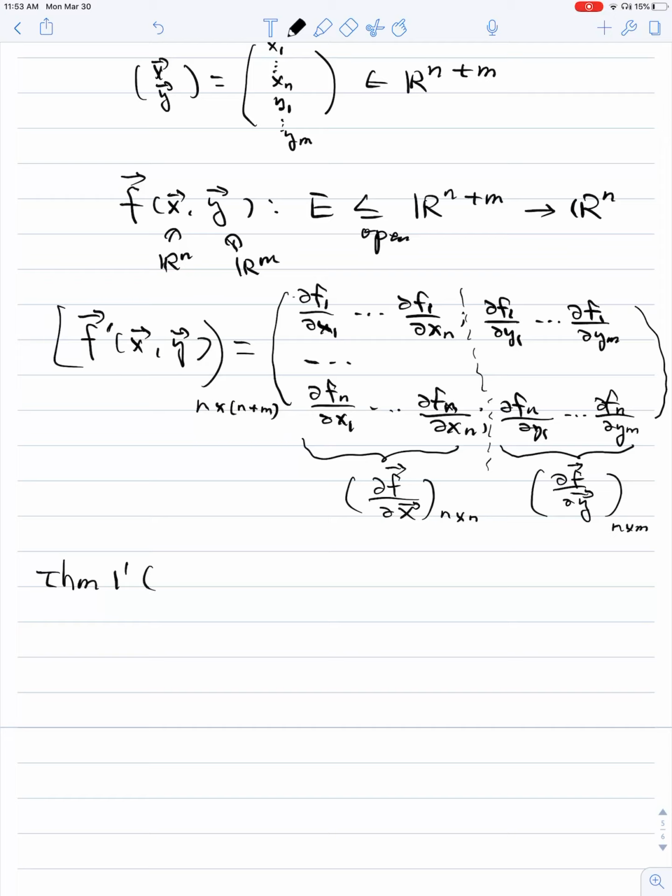We will call it Theorem 1 prime, again a more general form of the implicit function theorem.